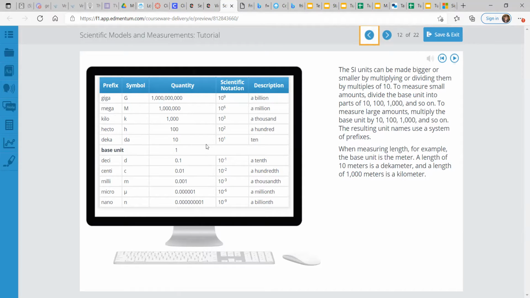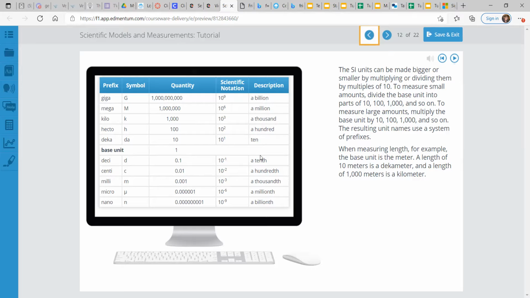So decameter is 10 meters. Hectometer is 100 meters. Kilometer means 1,000 meters. Megameter, I guess you would say, is 1,000,000 meters. Giga, billion.